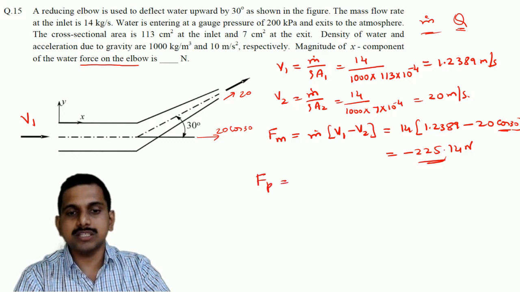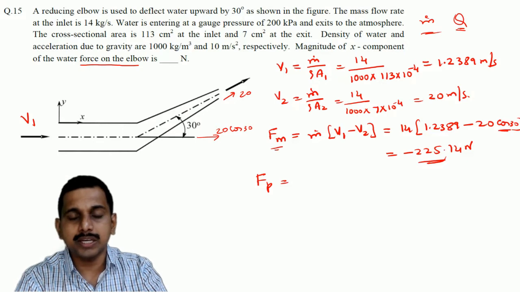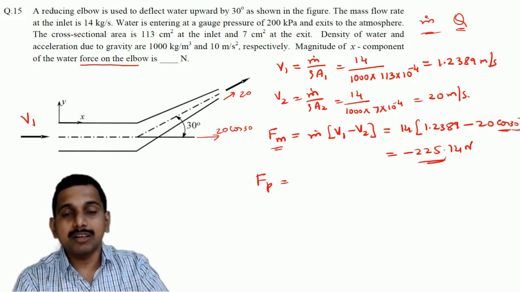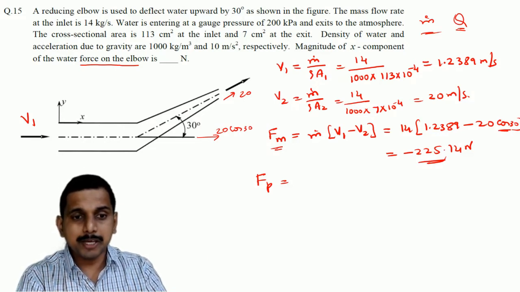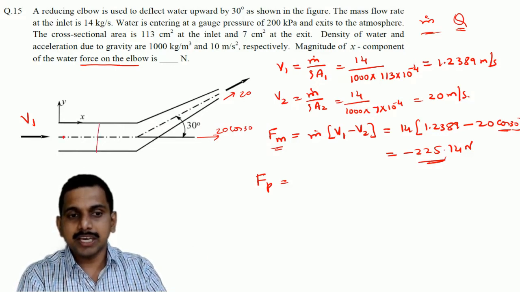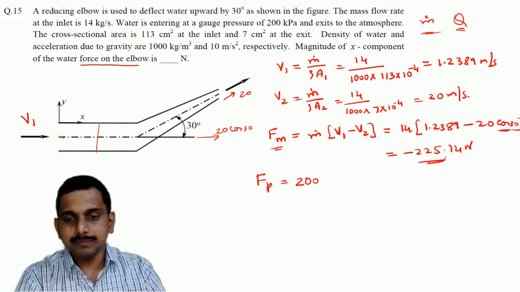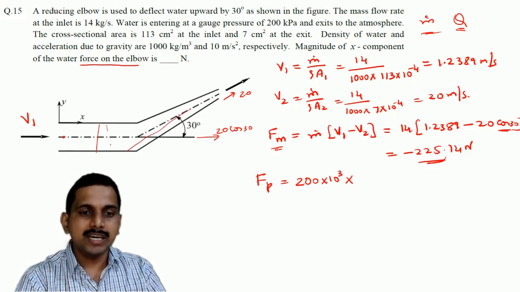It is not just the velocity which is there. Don't rush into the answer just because you get the momentum and put it here directly. The force is not just because of the momentum, it is because of the pressure also. The pressure is here. Here the gauge pressure is 200 kilopascal, right? So 200 kilopascal, 200 into 10 power 3, into the area over here. That is important. This area is in some other direction.